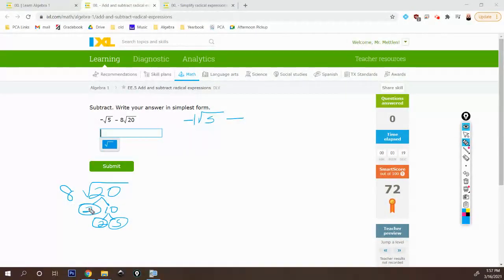So I have a pair of 2s. I'm going to mark those out, and I'm going to put a 2 in front in here. And the 5 is going to stay. So I've got an 8 that was there already, a 2 that we had a pair of, and a square root of 5. Well, 8 times 2 is 16, square root of 5. All right, so my simplified form of this is 16 square root of 5.